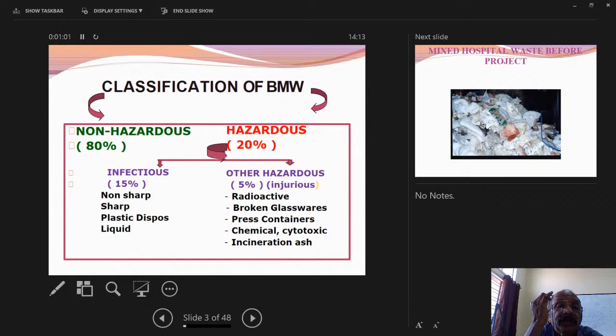Within the hazardous waste, nearly 15% is infectious, that is non-sharp, sharp, plastic disposables, and liquid. Other hazards are radioactive, broken glassware, pressure containers, chemicals, cytotoxics, and incineration ash.